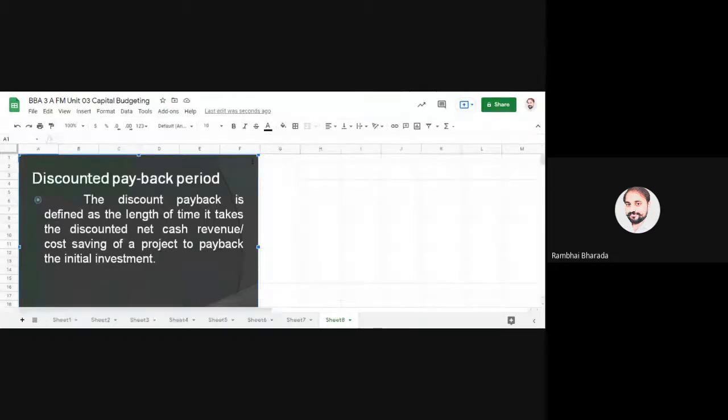We need to calculate the present value first. And here present value means, suppose I am saying that after 2 years I will give you 30,000 rupees. So what will be the current value right now of the 30,000 rupees that you will receive after 2 years? Are you getting my point?